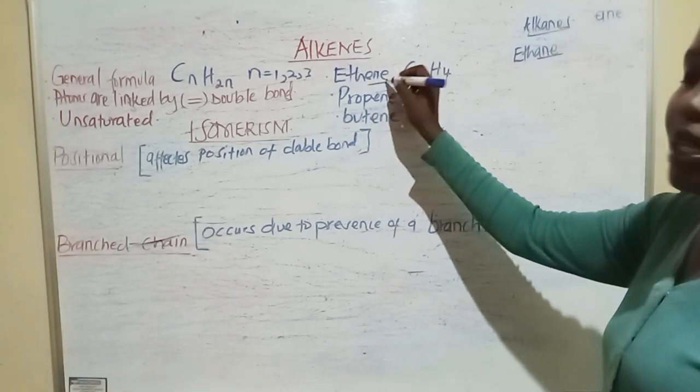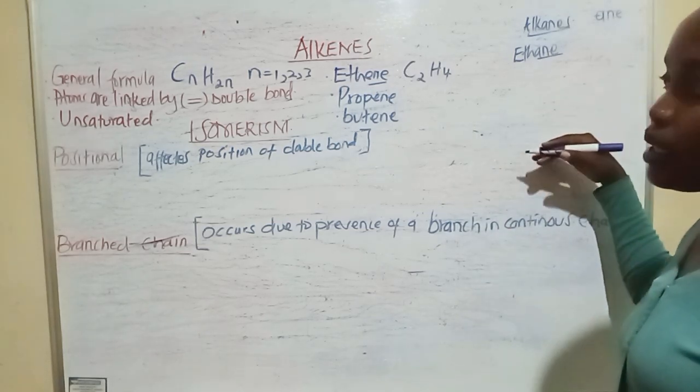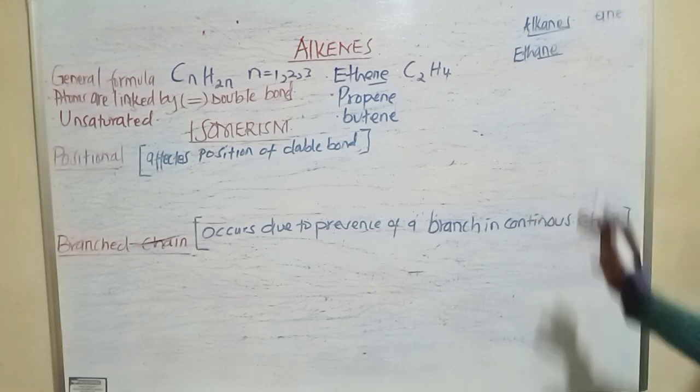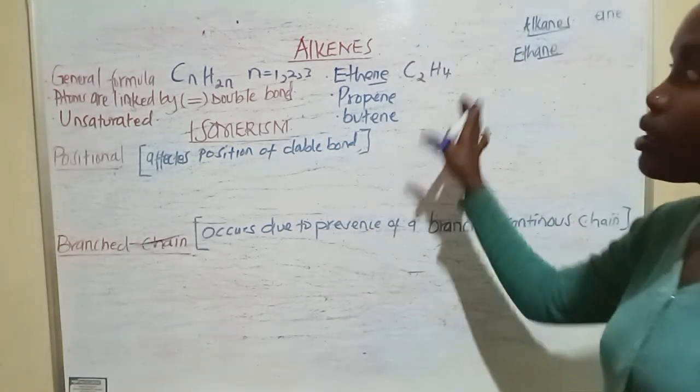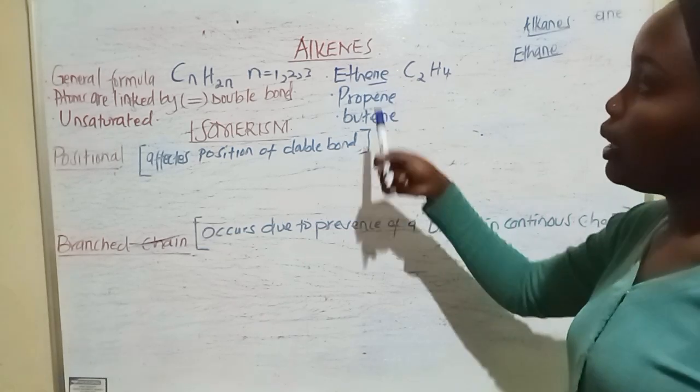That is how you name the alkenes. So we have ethene, propene, butene, hexene, heptene, octene, nonene. All those alkanes, if you replace the suffix with en, you form your alkene.